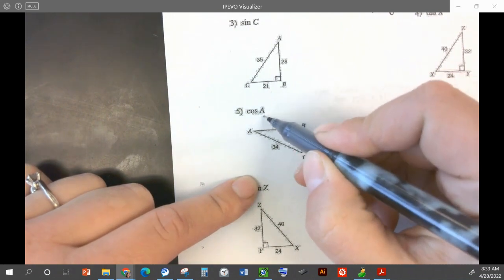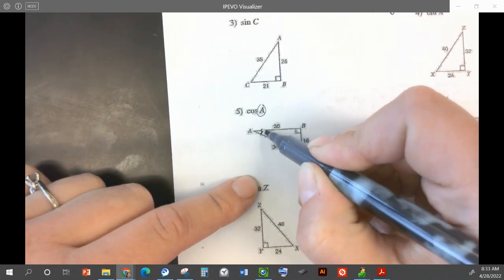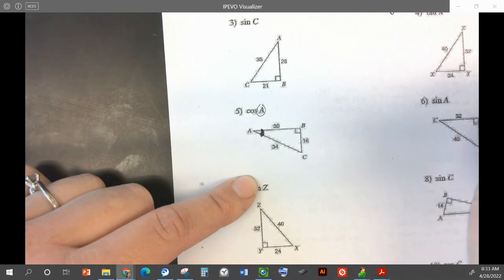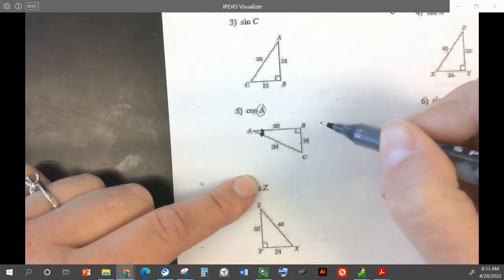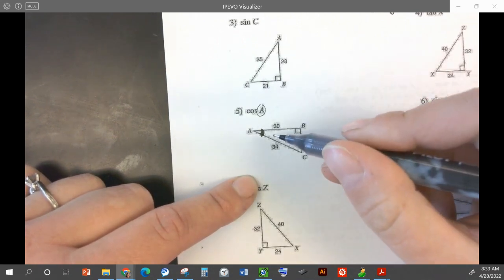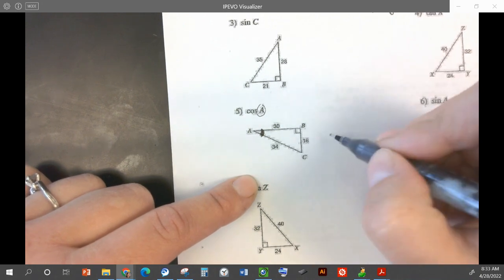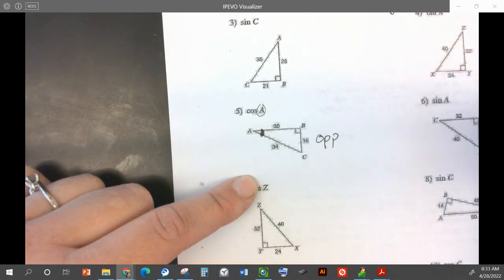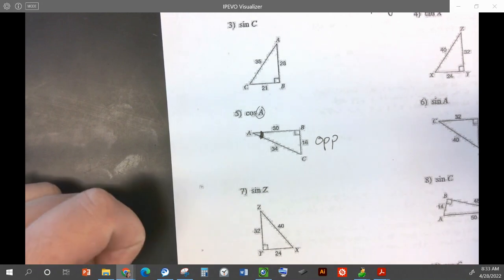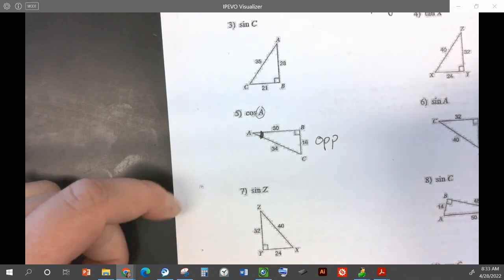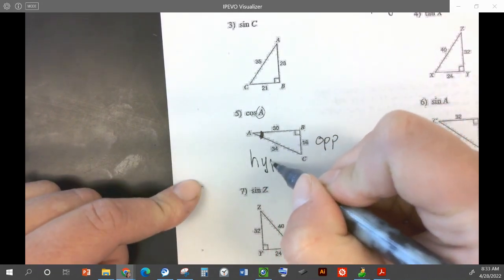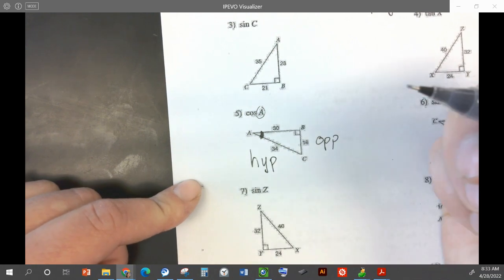So it says cosine of A, so we need to find our angle. This is our angle. And then we need to label our sides. So what side would be opposite of A? Good. Opposite. Which one is the hypotenuse, the longest? Good. Hypotenuse. And then the adjacent is the last one.